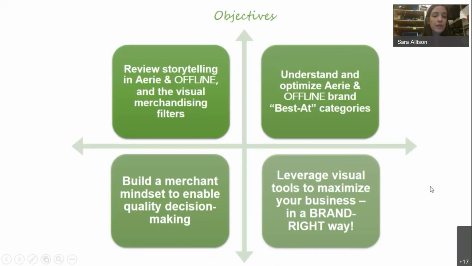We also want to work on building a merchant mindset to enable quality decision-making in our stores. So how are you being a business owner in your four walls? Then we want to leverage our visual tools to maximize our business in a brand right way. So always keeping with the ARI and offline brand direction, but really maximizing what we own in our store.